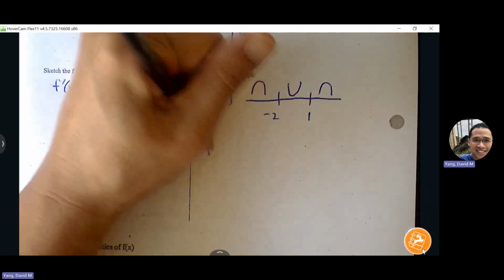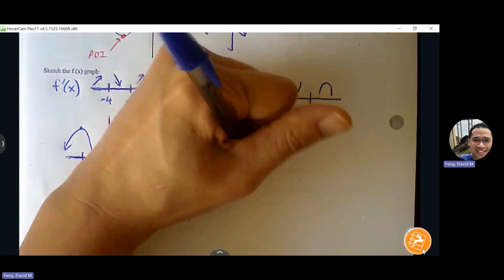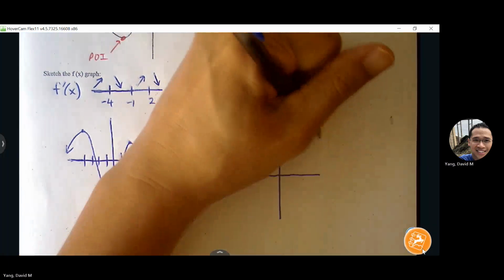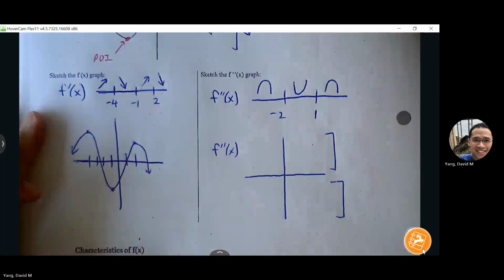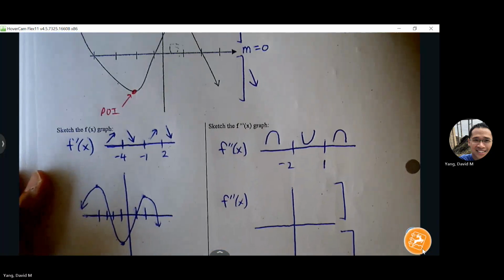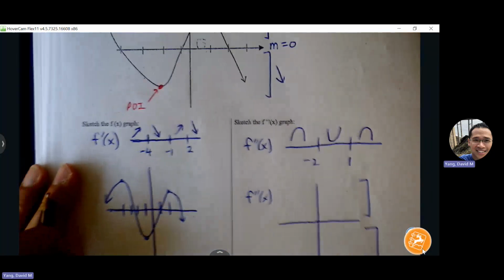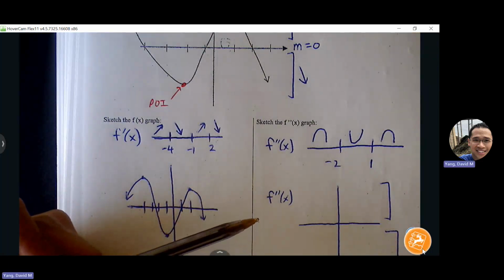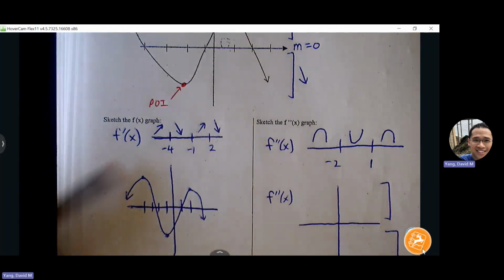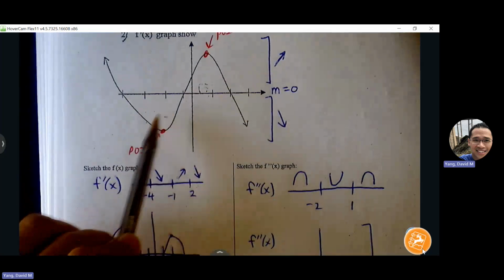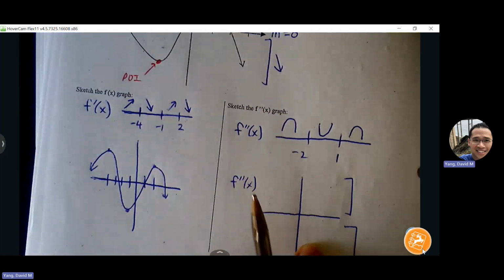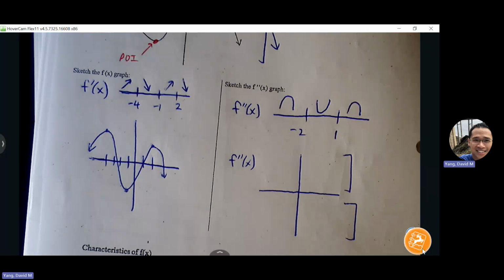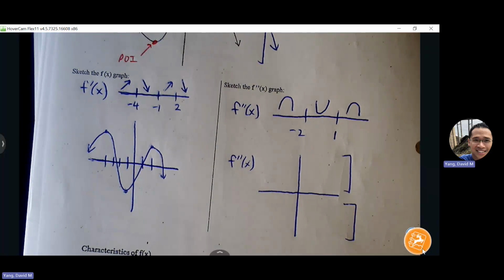Create our second derivative graph. And you know that your graph is going to have less and less curves, right? This is a degree 4, that's a degree 3, so this should be a degree 2, right? So we should experience less curves the more that we find the derivative.